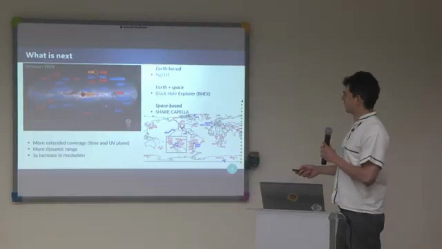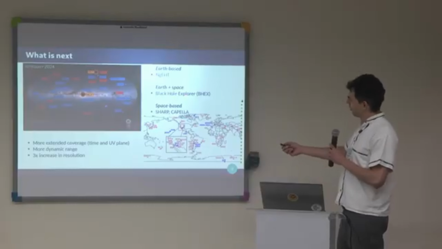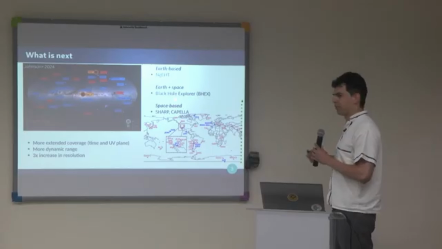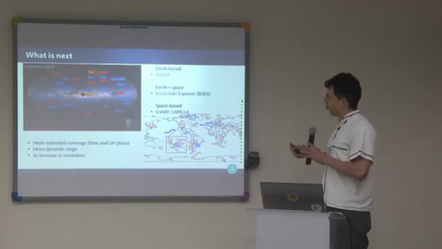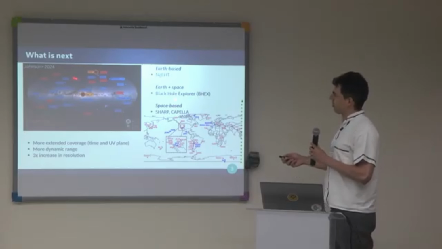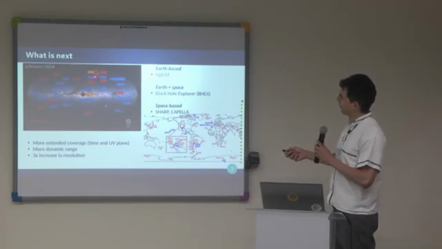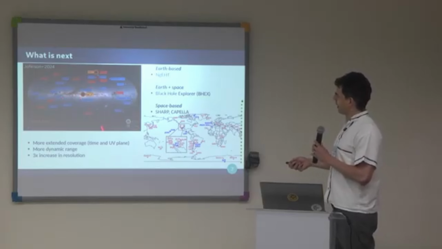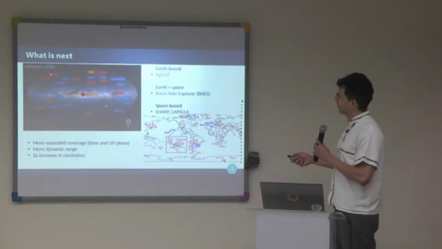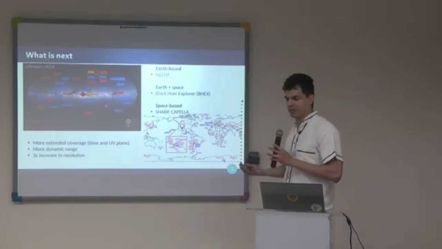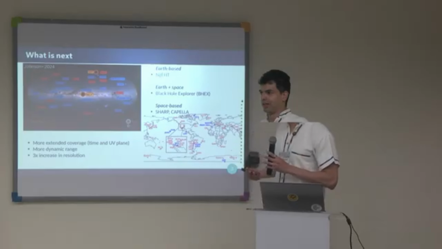This will bring very nice changes, especially the use of space-based stations, which will hopefully increase the number of sources that we are currently able to observe. Currently we have only Sagittarius A star and M87, but we expect a 3 times increase in resolution, and this may allow us to see other supermassive black hole candidates, provided that the environment that surrounds them is optically thin.